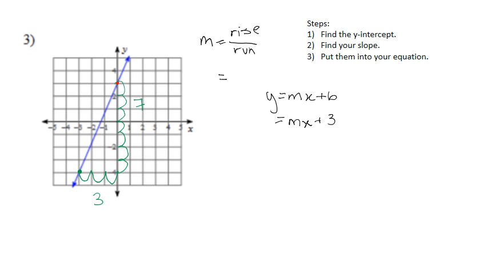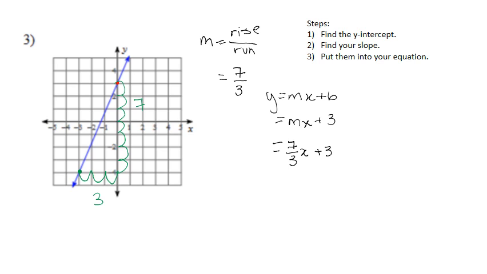So that means my slope, my rise over my run, is 7 over 3, which we could simplify and write as a decimal if you wanted, or you can leave it as a fraction. I'm going to leave it as a fraction, so 7 over 3 x plus 3. And that is our equation for this line.